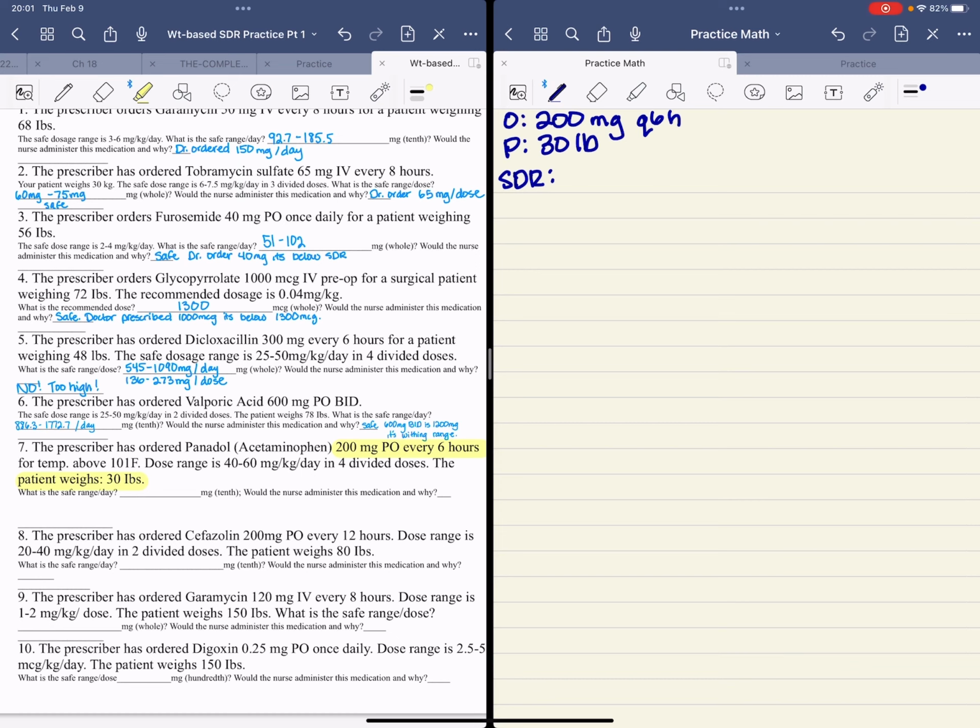If you look, it says the safe dosage range is 40 to 60 milligram per kilogram per day in 4 divided doses. So 40 to 60 milligram per kilogram per day, and it's in 4 divided doses.